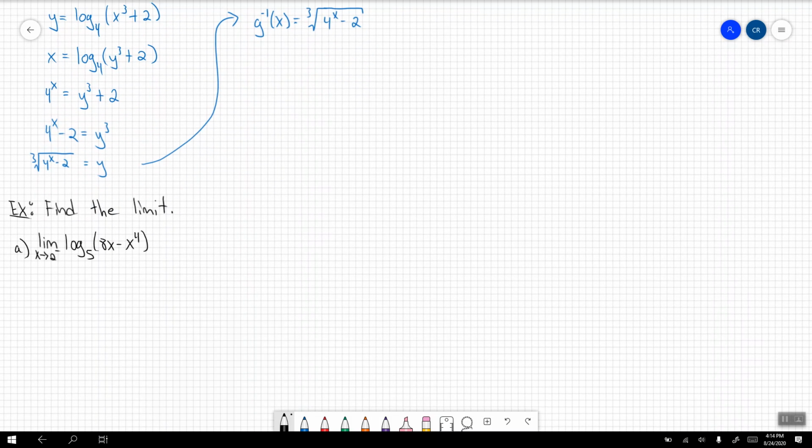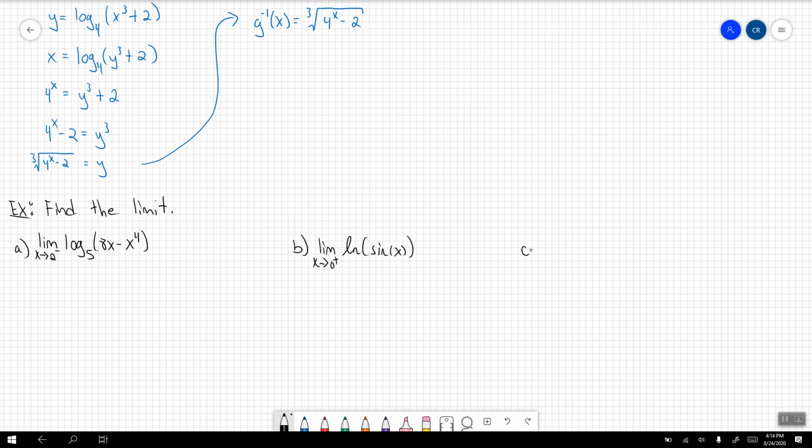Part B is going to be the limit as x is approaching 0 from the right-hand side for the natural log of sine of x.